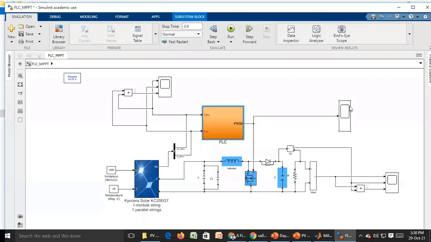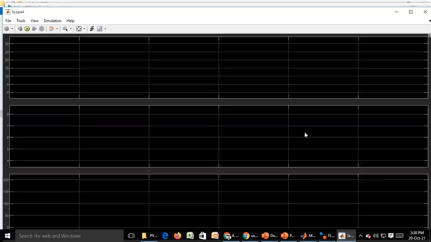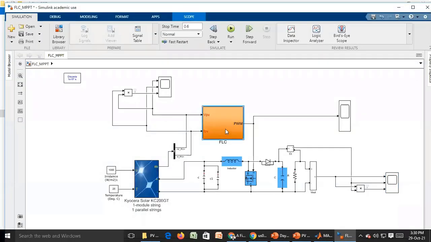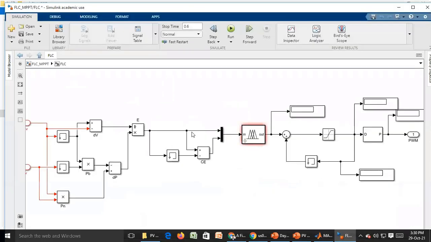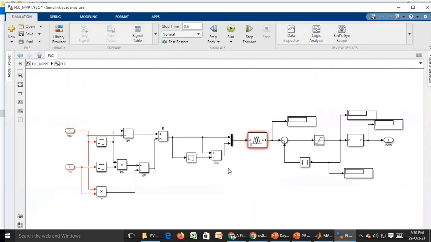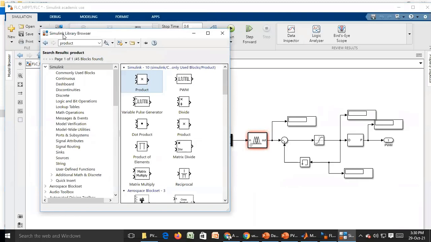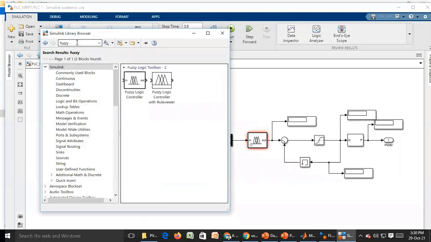So here we will observe how much the PV output voltages are, and how much the DC-DC converter output voltages are. Now here, in the FLC block, when I want to design anything, what I need to do is type fuzzy. This is the fuzzy block, the fuzzy logic controller with rule viewer.